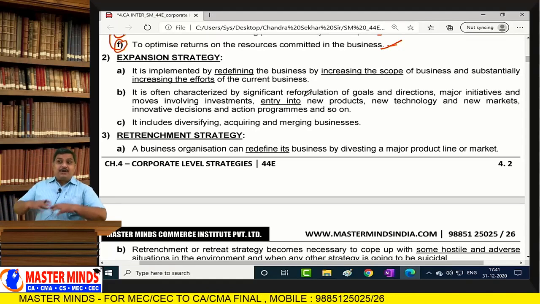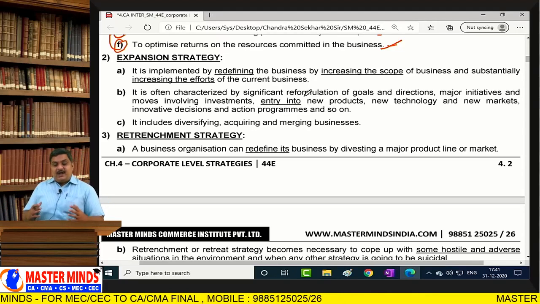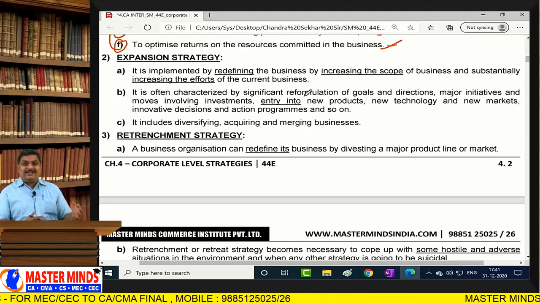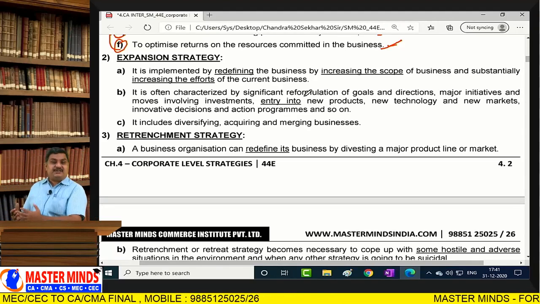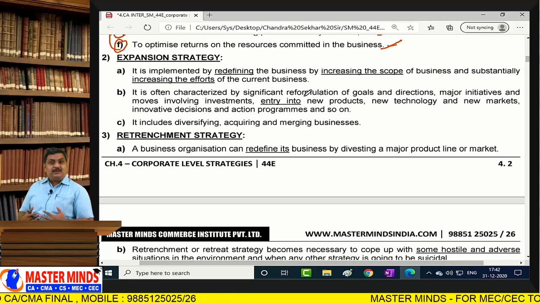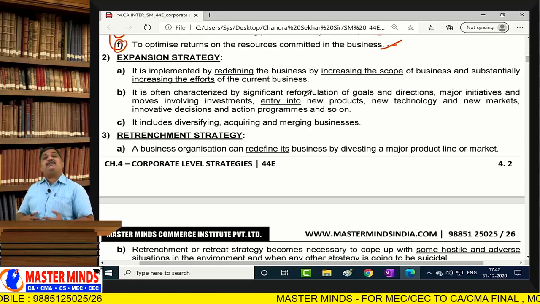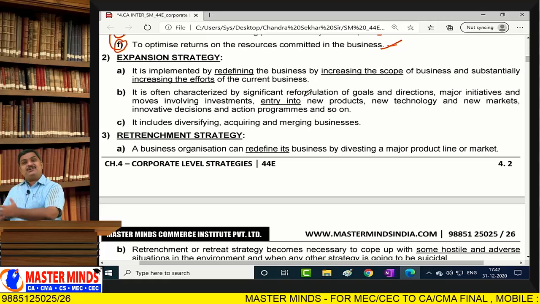This redefinition happens in the expansion stage. Initially, I defined my company to be an IT company, but now I am entering into FMCG. That means now my business definition has changed. I am no more an IT company. Now I am a conglomerate, a diversified company, because I have entered into FMCG. There is a redefinition.